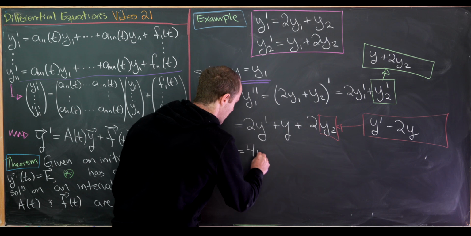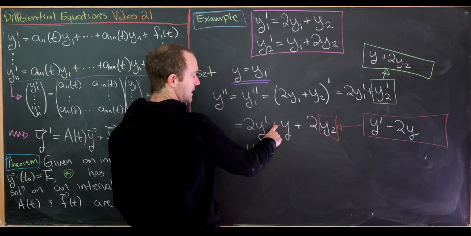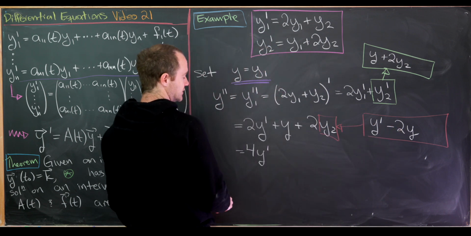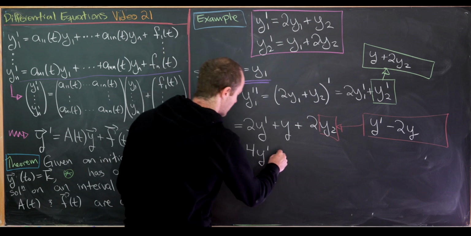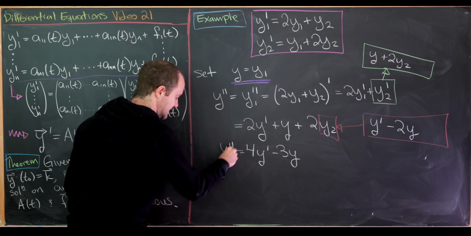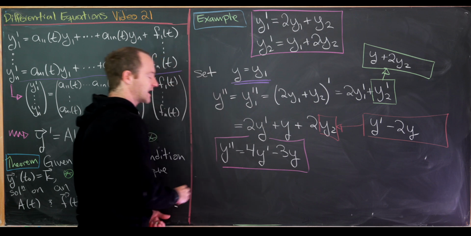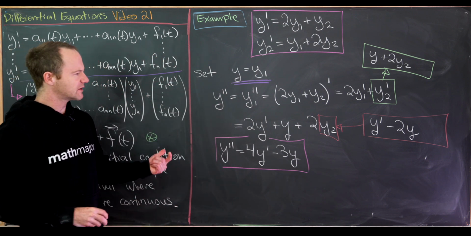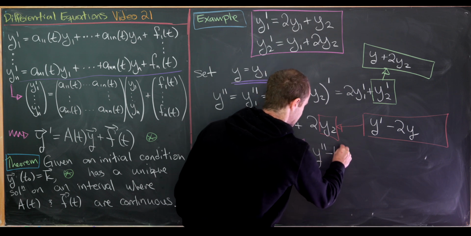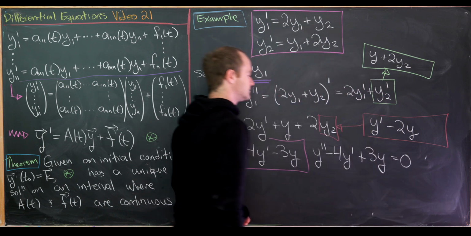That gives us 4y prime. And then we'll have y, and then minus 4y. So subtracting 4y will give us negative 3y. Now let's bring this y double prime down and see that we indeed have a second order linear differential equation. Let's rewrite that in the standard format. So that's y double prime minus 4y prime plus 3y equals 0.